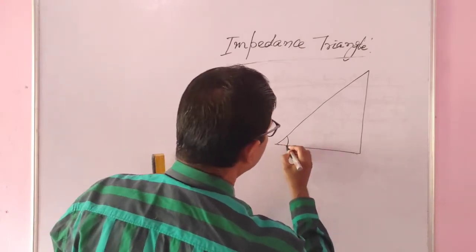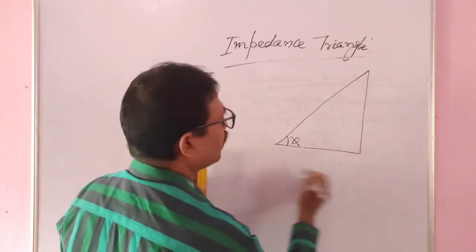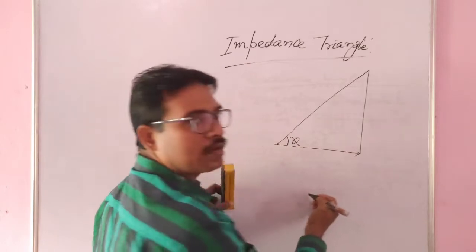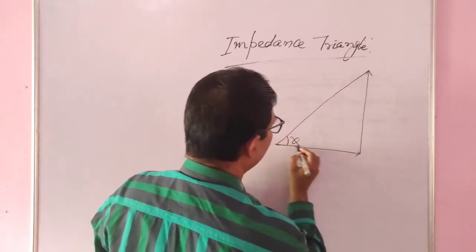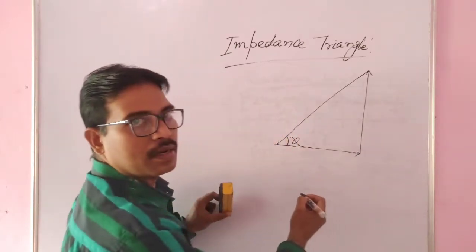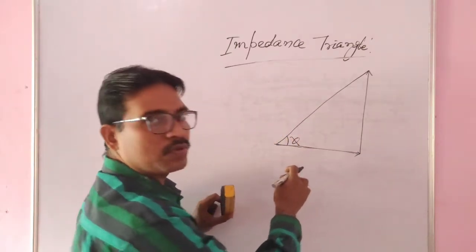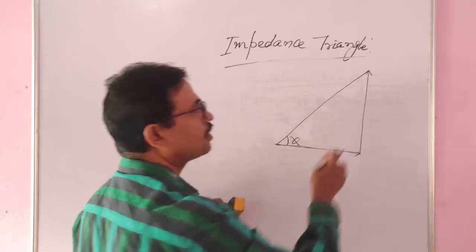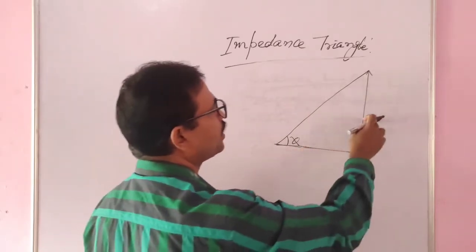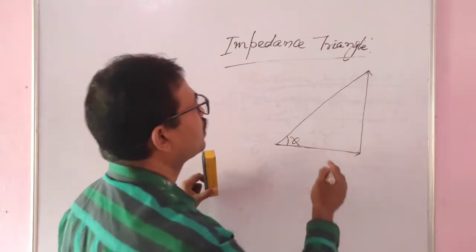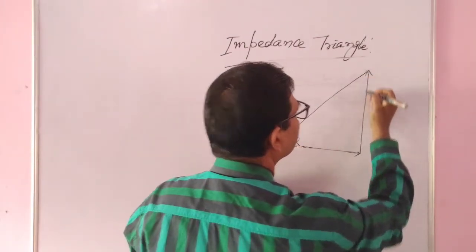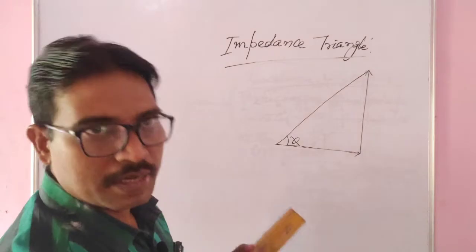Suppose this angle is phi, and as we know there are two phasors, following the law of triangle of vector addition. If two vectors are represented in two sides of a triangle in magnitude and direction taken in the same order, their third side in the reverse order is the resultant.